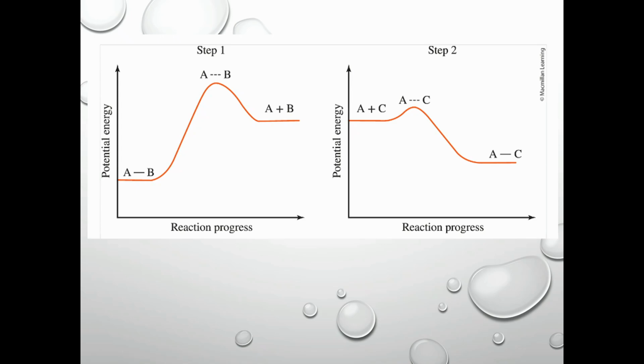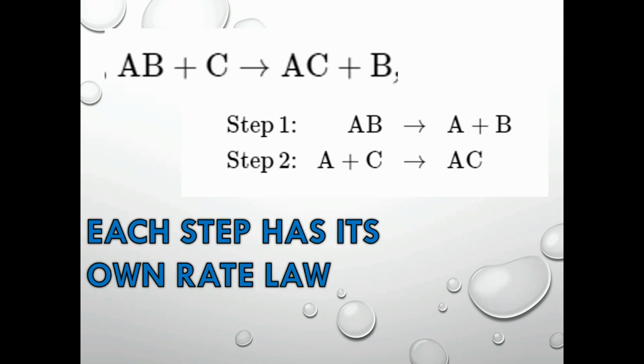The rate law for step 1 is k times [AB]. The rate law for step 2 is k times [A] times [C].